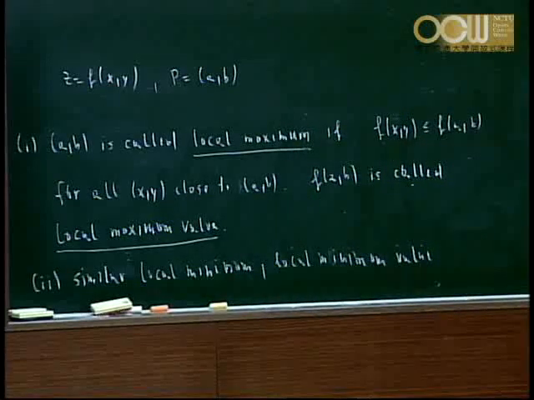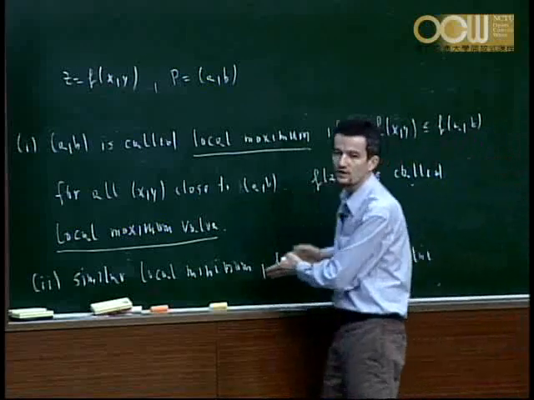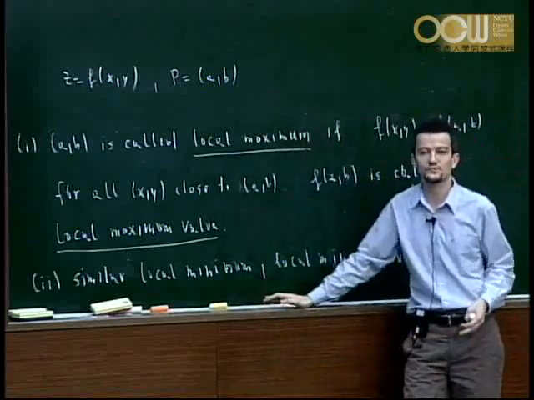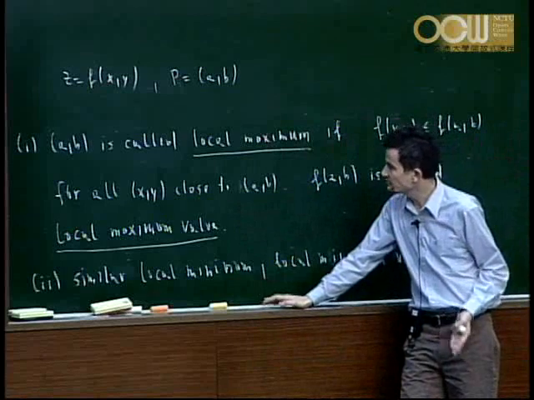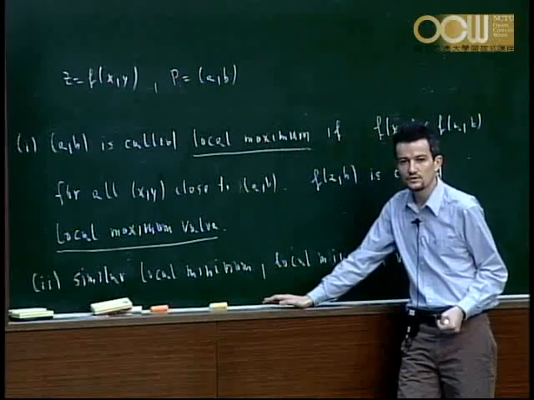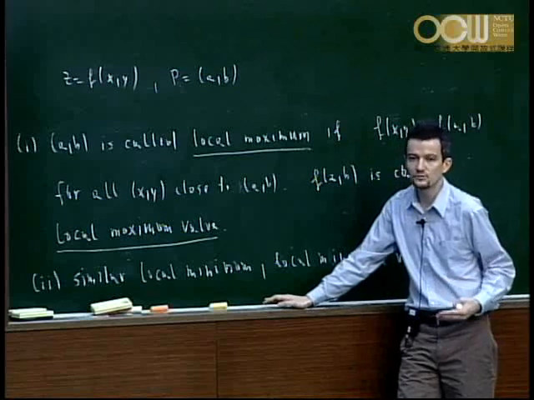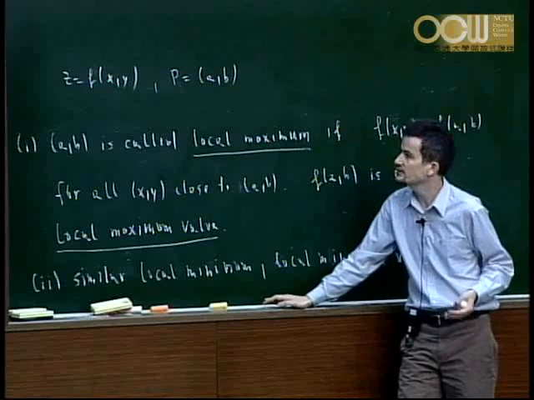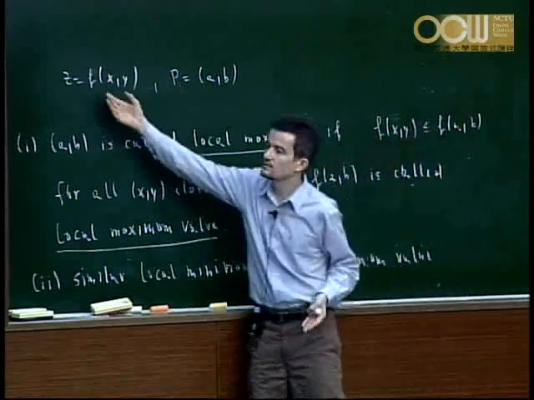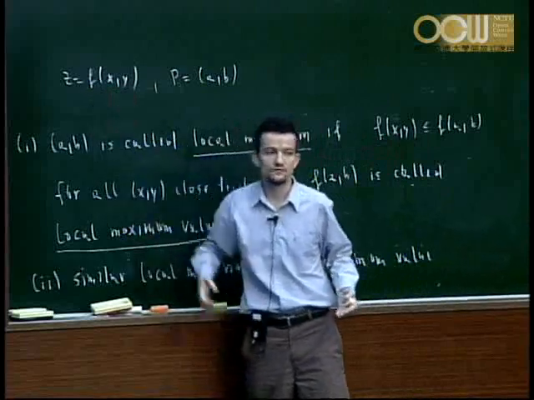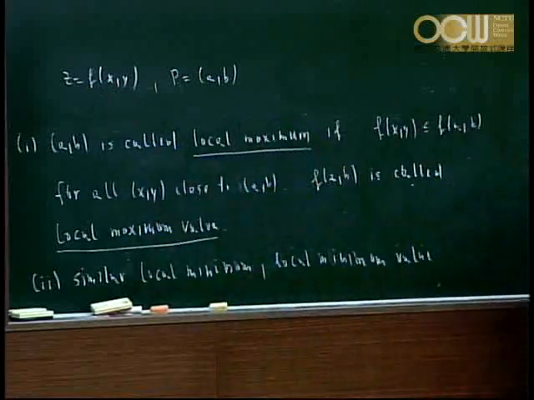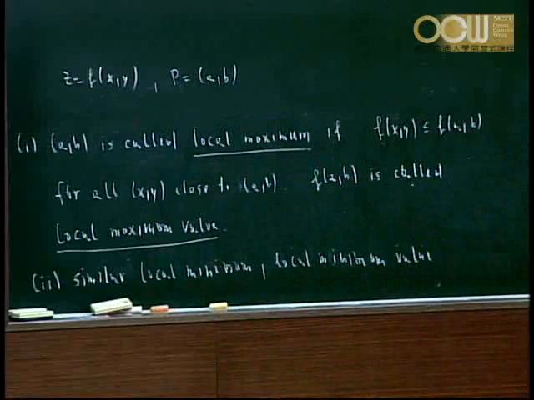Whereas global, you have a similar definition for absolute maximum, absolute minimum, and absolute maximum value, absolute minimum value. Of course, the notion of absolute maxima will greatly depend on what is the domain of the function f. And for absolute maxima, we also allow points on the boundary.